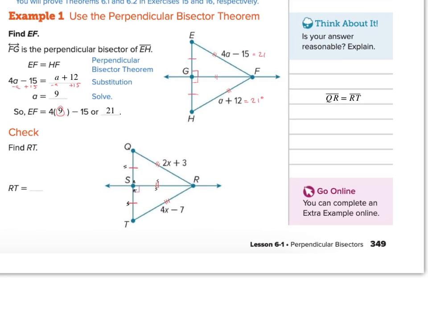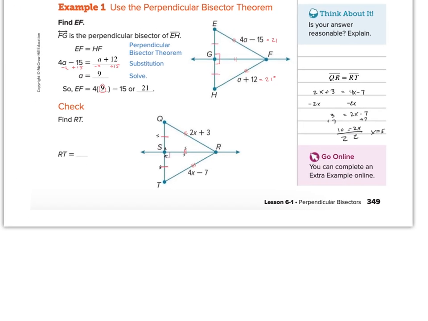So we know that those two things are equal, so we can substitute that 2x plus 3 is equal to 4x minus 7. Doing your inverse operations to combine like terms, add 7 to both sides, and then 2x is equal to 10, or dividing by 2, x is equal to 5. So if I substitute that in for RT, that would be 4 times 5 minus 7, which equals 13 units. So there you go. We solve for our variable, then substitute it back in to find the length using my perpendicular bisectors.